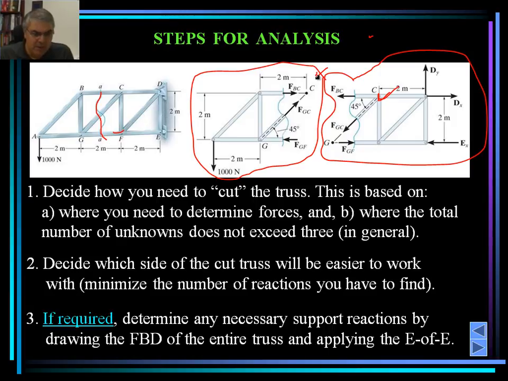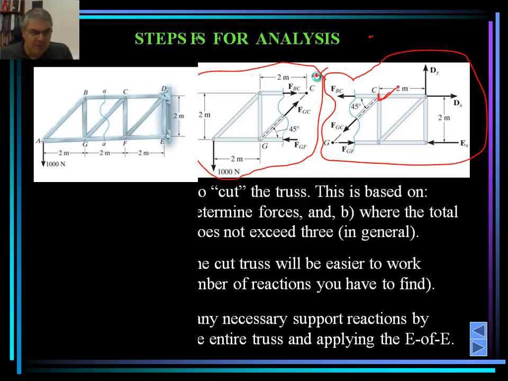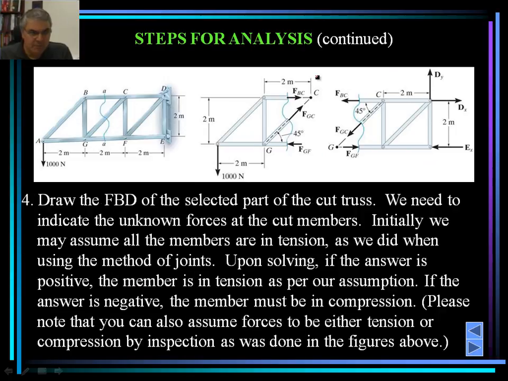Then we would determine any necessary support reactions by drawing the free body diagram of the entire truss and applying the equations of equilibrium if that also needs to be done. Part 4, we draw the free body diagram of the selected part of the cut truss, and we would take a look at all the internal forces that are present at the location of the cut.